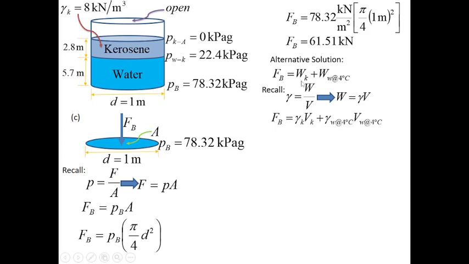So the weight of kerosene is expressed in terms of specific weight and volume, same as the weight of water. The temperature of water was not mentioned, so again, it will be assumed to be at 4 degrees Celsius.